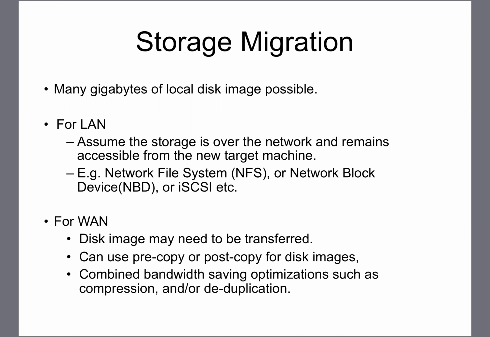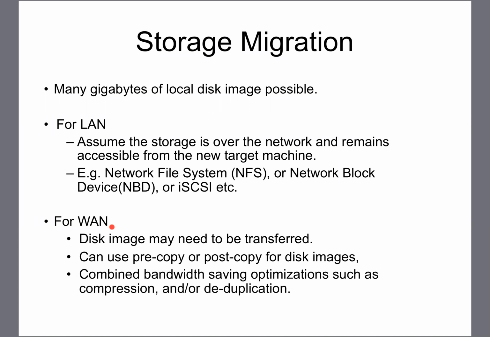But over a wide area network, of course, storage may not be shared over the network. So you may have to also copy the disk image over. And there are various optimizations. Just like for memory, we use pre-copy or post-copy. Similarly, for storage, we can again use pre-copy or post-copy, but for disk images, the contents of the disk.